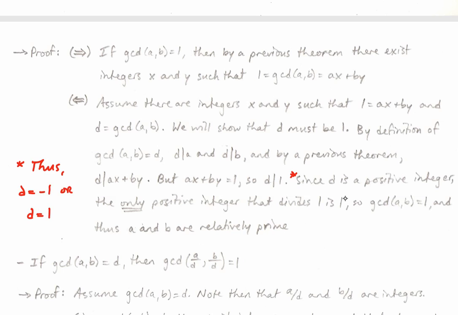So d is either -1 or d is +1. But d is a positive whole number. So that excludes the case that d is equal to -1, and that forces us to conclude that d has to be 1. So the GCD of a and b is 1, and thus the two numbers a and b are indeed relatively prime.